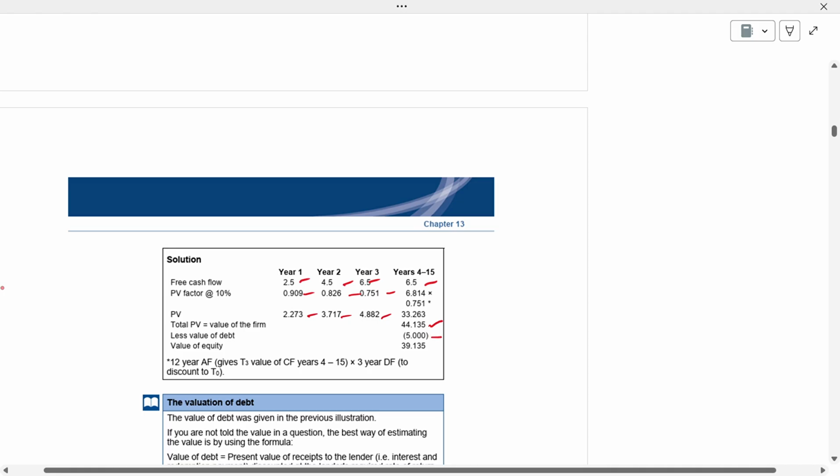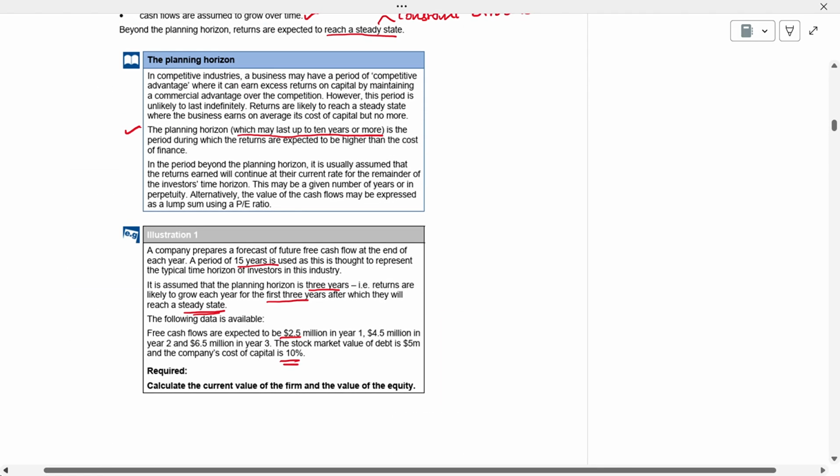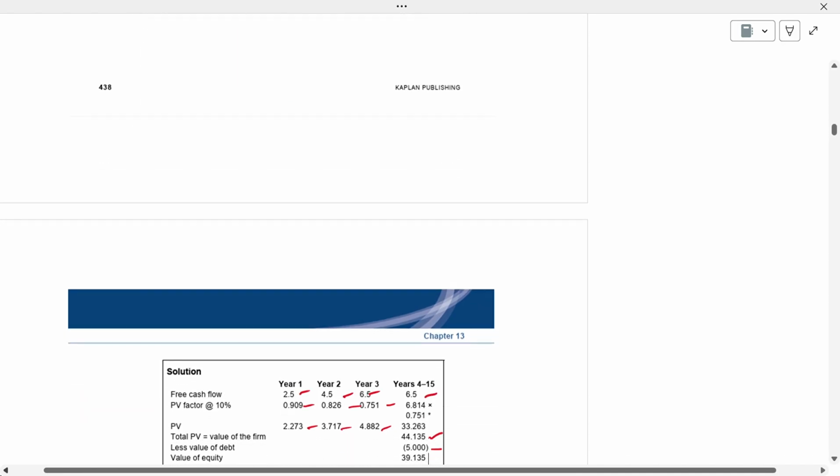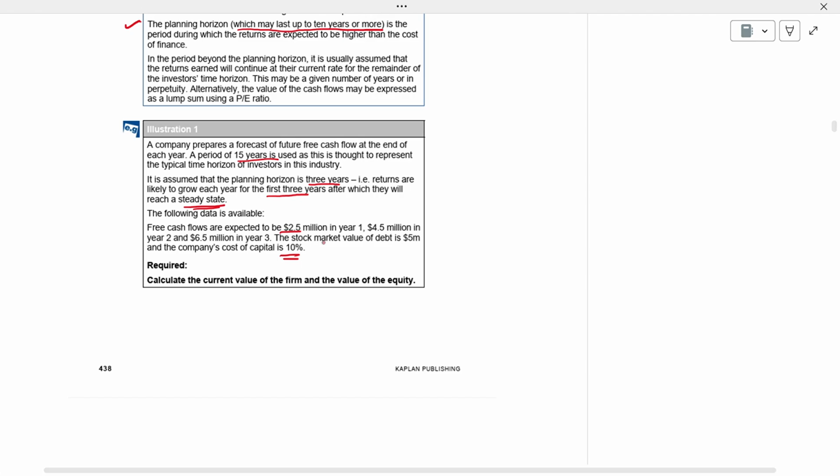From there, they have deducted the loan, the market value of debt.